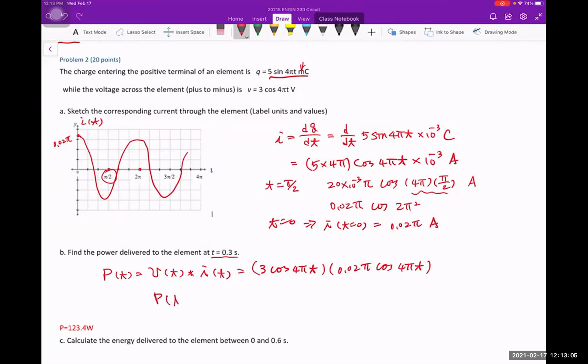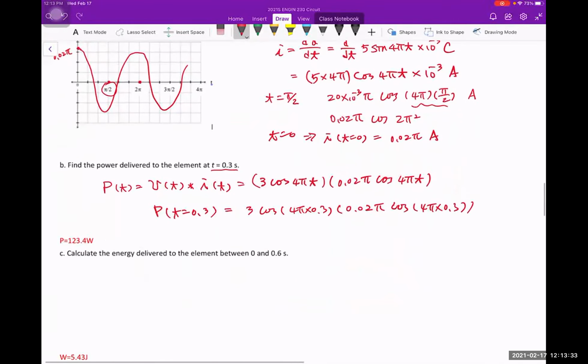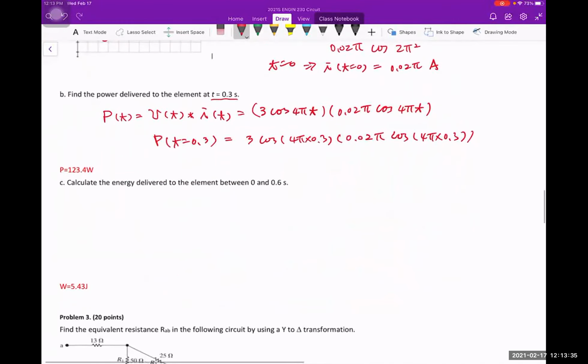You just need to say, what about time equal to 0.3? Then you have 3 cosine 4 pi times 0.3 multiplied by 0.02 pi cosine 4 pi times 0.3. And that's your power, right? You don't really need to do anything else. Just need to combine these two. Okay, question about this.